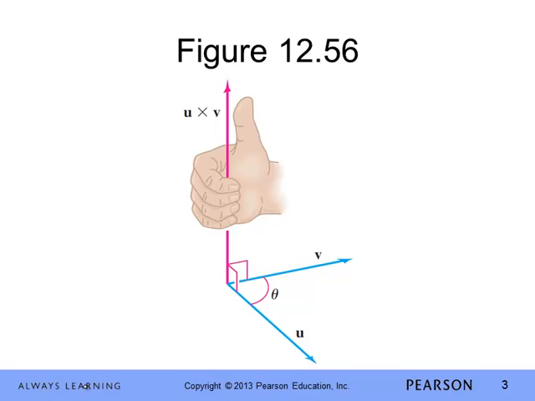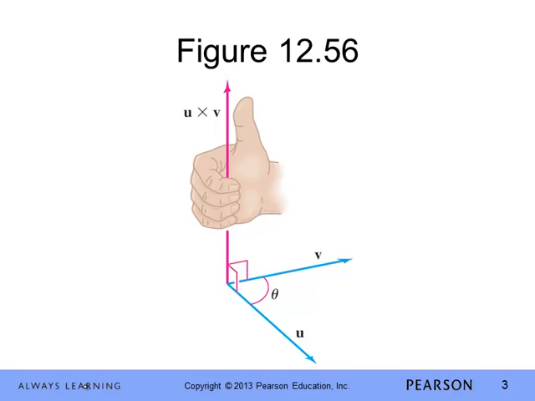Which, by the way, is a useful thing to know, because there's going to be times when you need to come up with a vector that is perpendicular to both those two vectors u and v, and what easier way to come up with a perpendicular vector than to take u cross v.